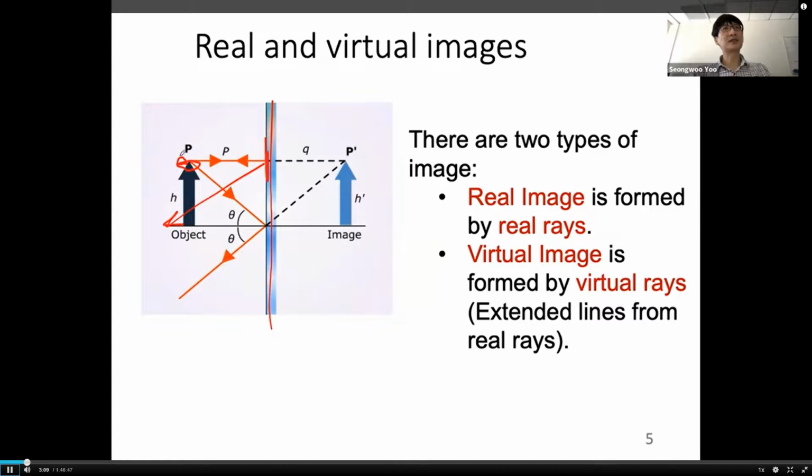Because this torch light is reflected by this mirror, we have the real rays only in front of the mirror. Behind the mirror, there are no actual physical rays at all. Behind the mirror, it's just darkness. Makes sense?